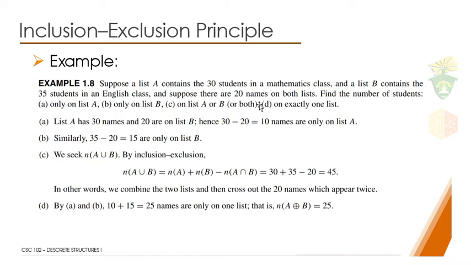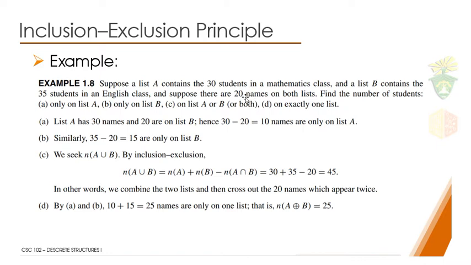So since they have 20 students in common, basically this problem just wants to know how many students there are all in all, regardless of whether they are enrolled in A or in B. So if we count them, since there are 20 names that appear again in A and in B, we will consider that.